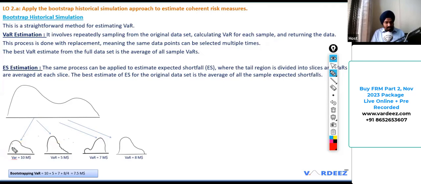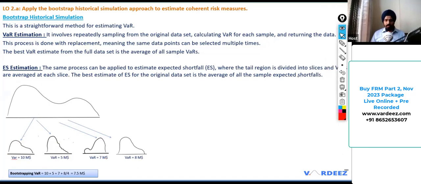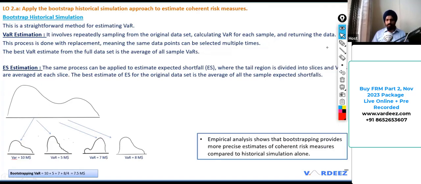So for example, if this is the $10 million, all the quantiles, all the lines that you see above this point, just average it out. Whatever number you get, that's going to be your ES. Similarly, the ES for here, here, and here, and then take the average of all the 4 ES. So pretty much a simple method, not a complicated one.